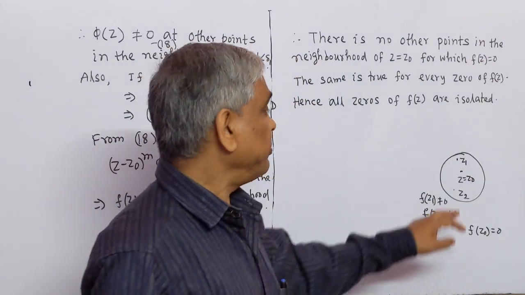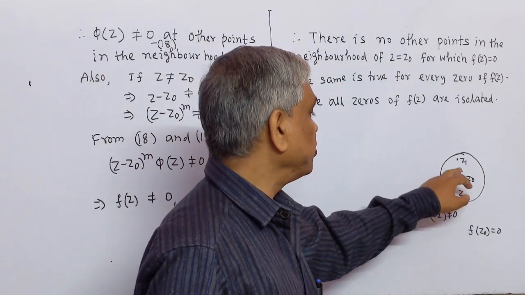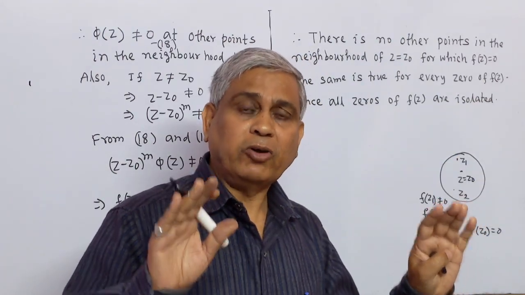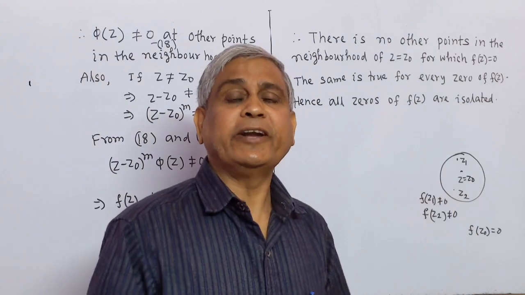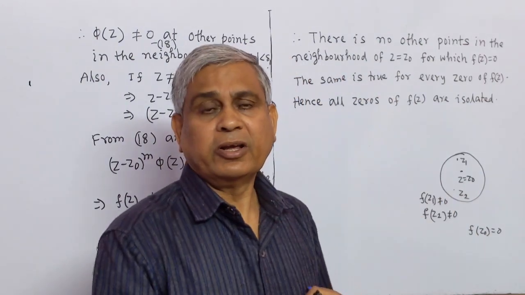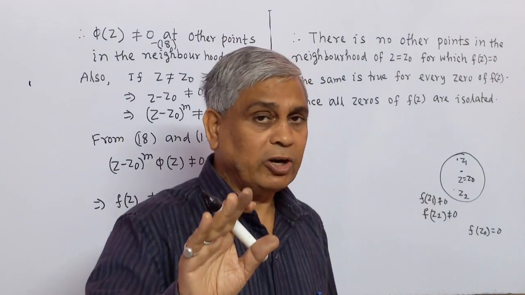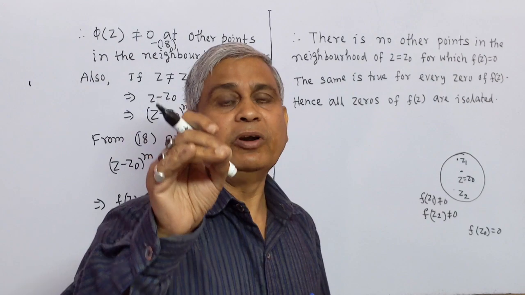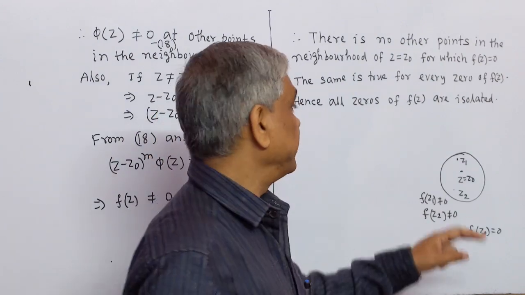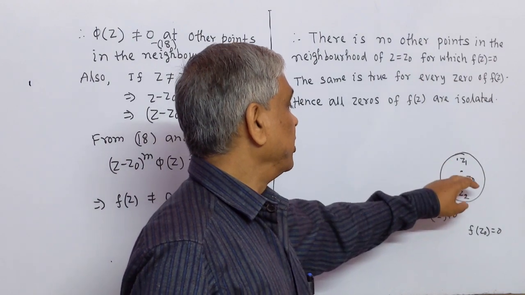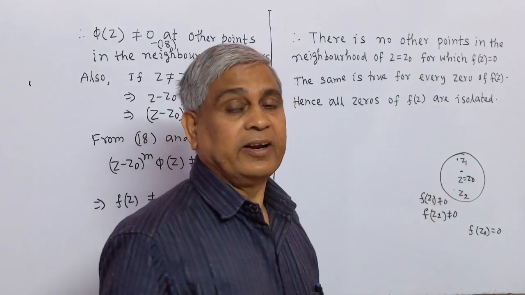Only at the point z equal to z0, f(z) equal to 0, means z equal to z0 is an isolated point, means in its neighborhood, f(z) not equal to 0, and at this point f(z) equal to 0. So this point z equal to z0 is called isolated.